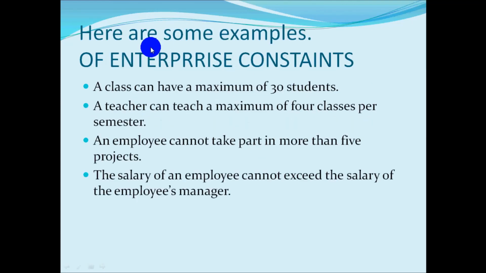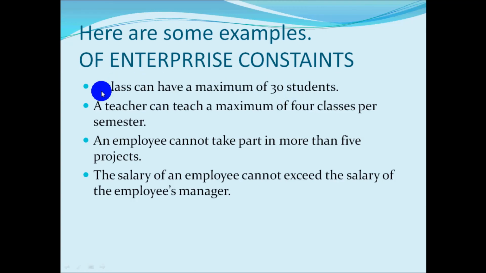Let's see the examples. Here are some examples of enterprise constraints. I hope that by reading the examples you can clearly identify what an enterprise constraint is. These are the 4 examples. First example: a class can have a maximum of 30 students. This rule can vary. This can be applied by the database administrator or user on the database.